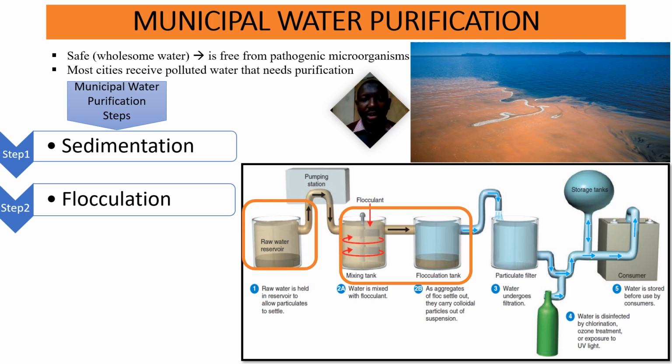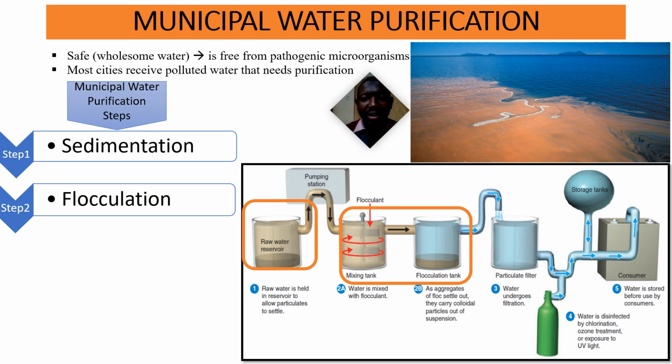Now, during the flocculation process, usually certain chemicals are added, such as alum or aluminium potassium sulfate. Aluminium potassium sulfate, when added to the water, helps to join the suspended particles and microorganisms to form large aggregates, which are called flocs.